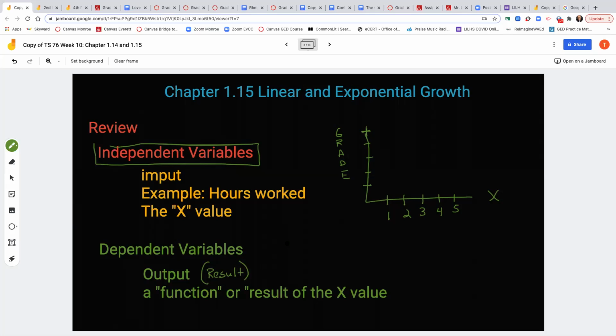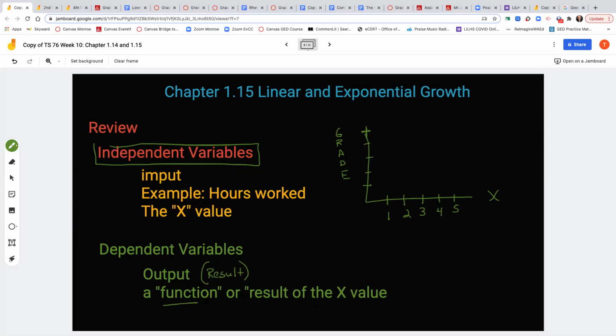In a science class, it is the result of how much sunlight the plants get: 1 hour, 2 hours, 3 hours of sunlight affecting growth. So the dependent variable might be growth in a science experiment, and the independent variable might be how much sun they get. I'm controlling that. Now, in this chapter, they will also start calling it a function.